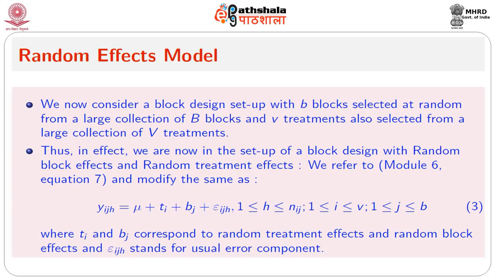We are not using beta j, but we are using Bj. These notations make it clear that we are referring to a random effects model rather than a fixed effects model. In standard textbooks they always make a distinction in the notations. That's very important. The moment I write mu plus Ti plus Bj, you know that I am referring to a random effects model. If it is mu plus tau i plus beta j, it is a fixed effects model. So here Ti and Bj correspond to the random effects for the treatments as well as for the blocks. And of course epsilon ijh are the standard error components.